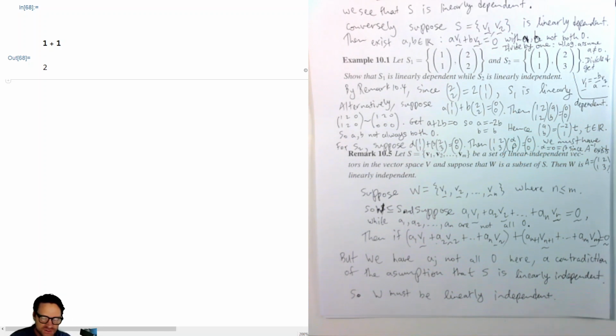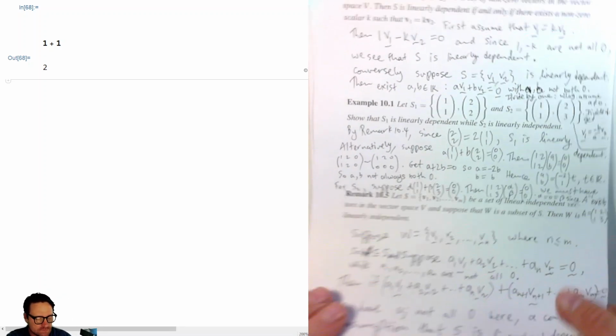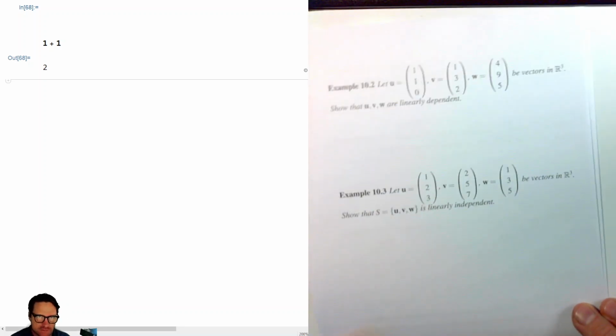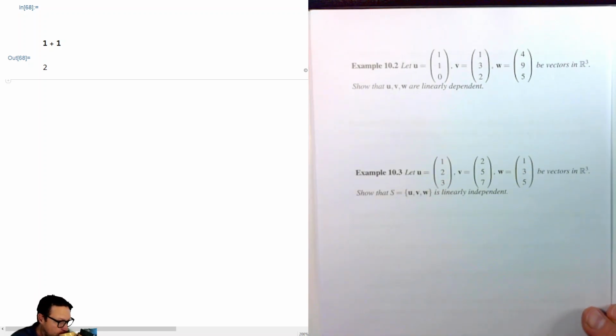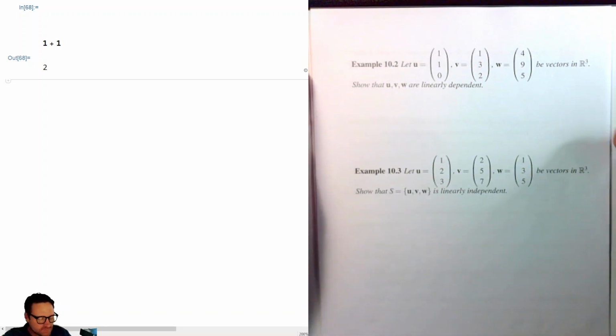Okay, let's move on to the next page, where we have some examples, which I'm sure you're finding refreshing at this point, right? Let U, V, and W be 3 vectors in 3 space.